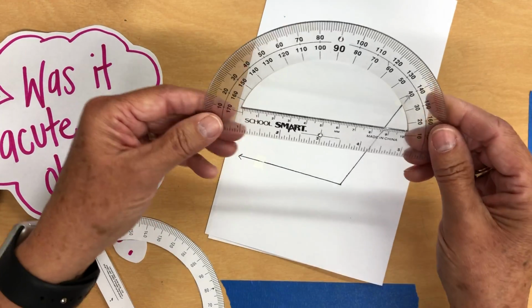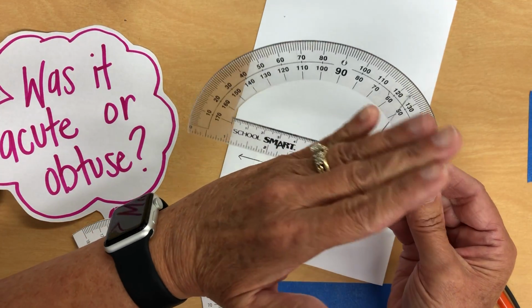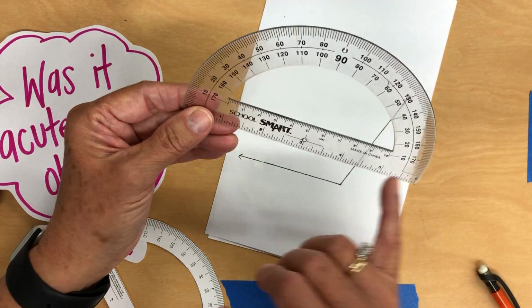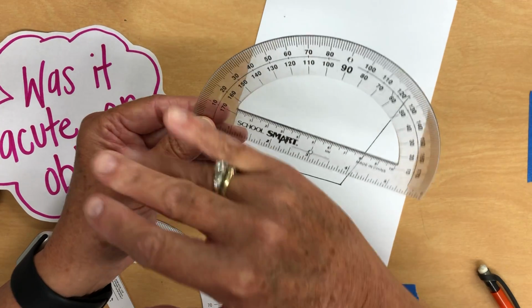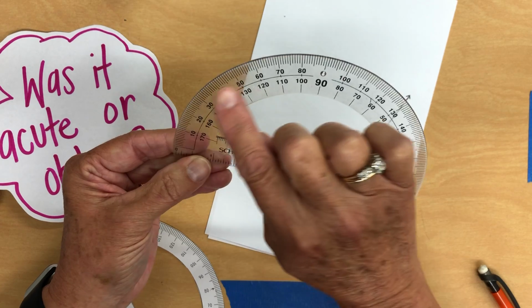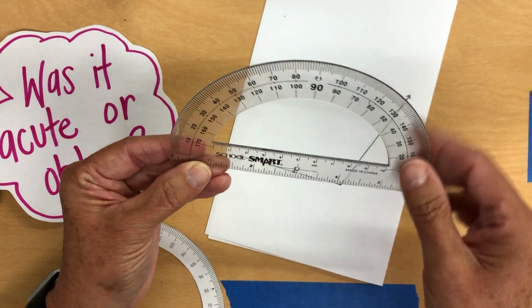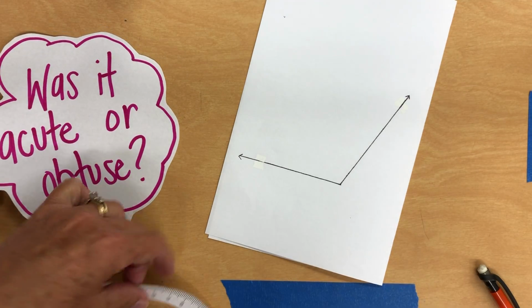However, our protractors that we have at school can be used to measure angles that open to the left, using the bottom row of numbers, and angles opening to the right, using your top numbers, because those would increase by 10. But we'll worry about that later.